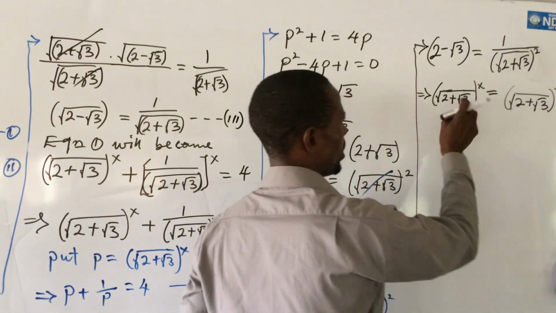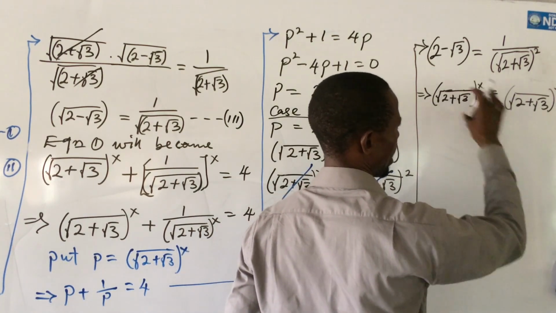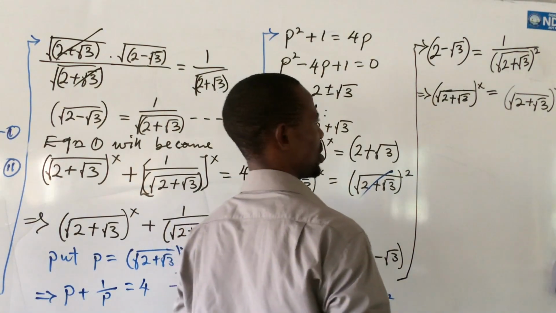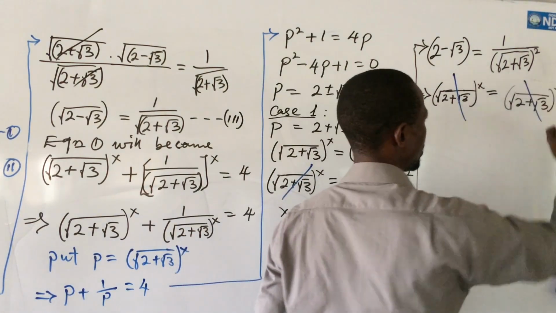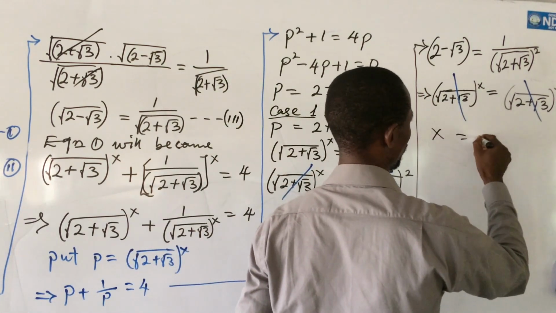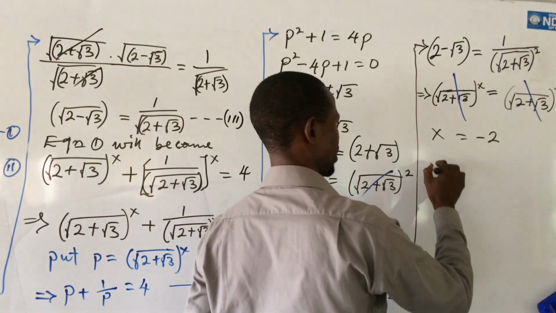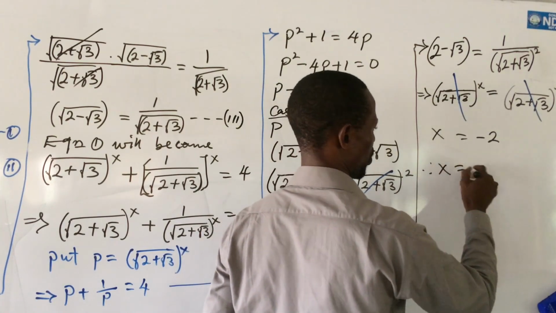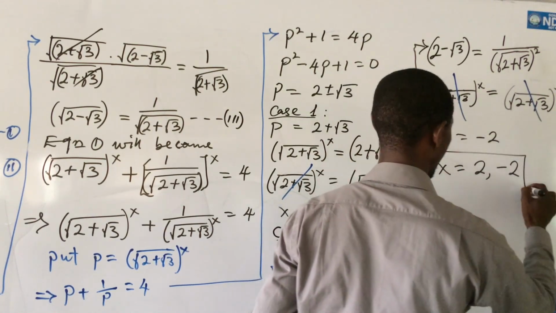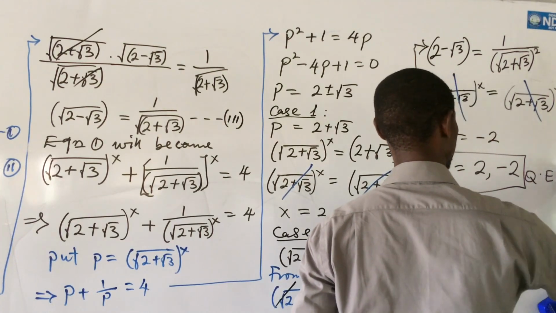Because what we have inside here is the same thing here, we can now cancel out. So if we strike out this and this, we now leave our x equal to minus 2. Therefore, our x is equal to positive 2 and minus 2, like we have from the first method, QED.